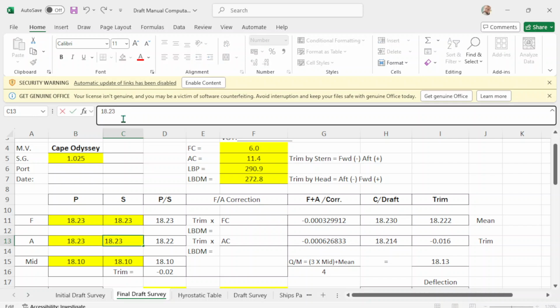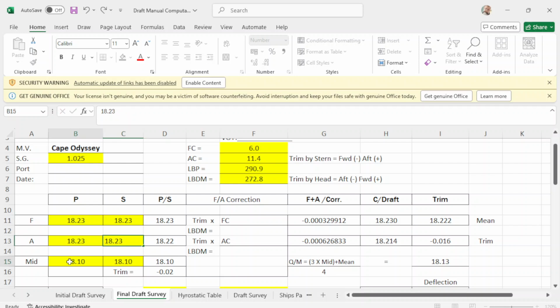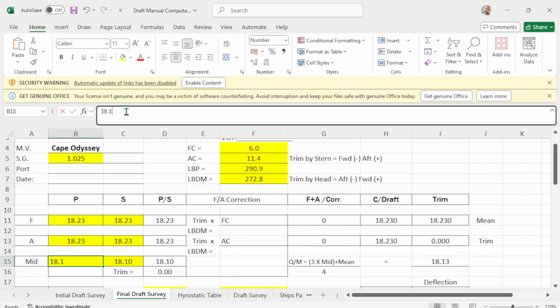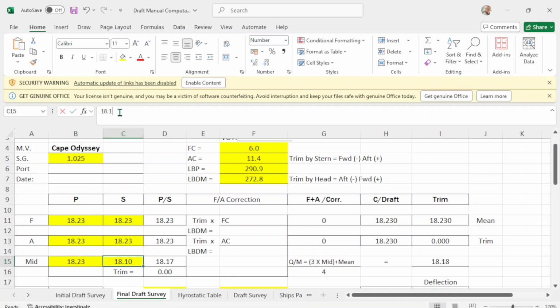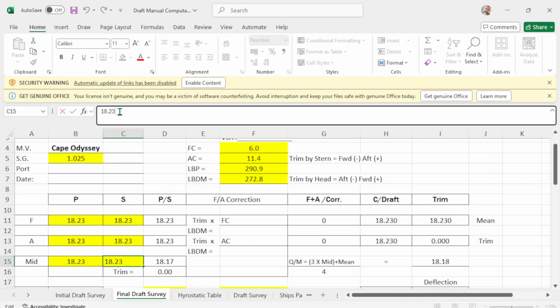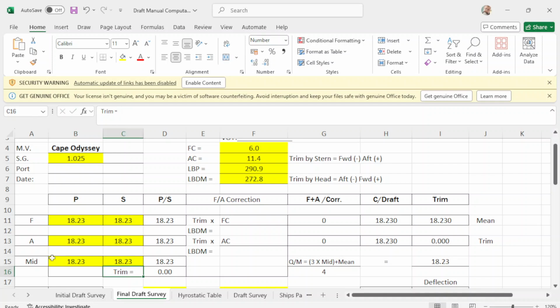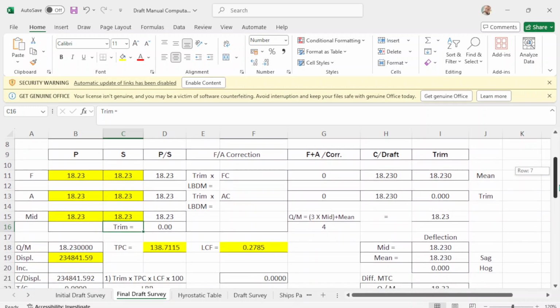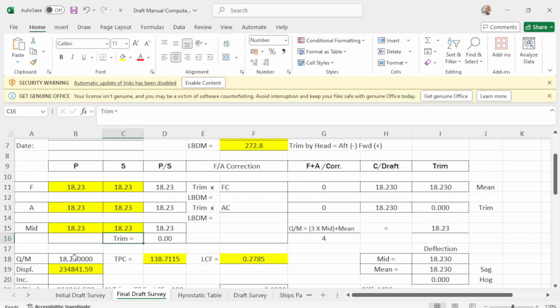Okay, then your mid port will be 18.23, and your mid starboard will be 18.23. So it's all now 18.23 even keel, and your quarter main is 18.23. Then what will be your displacement?